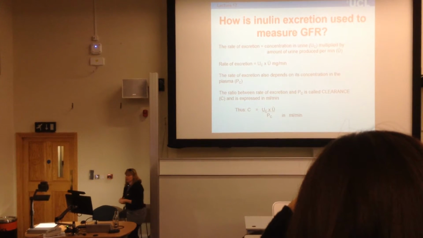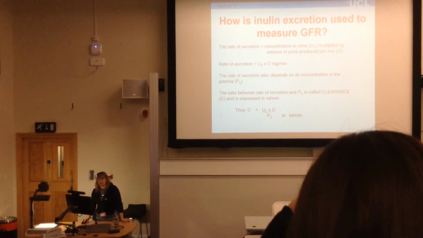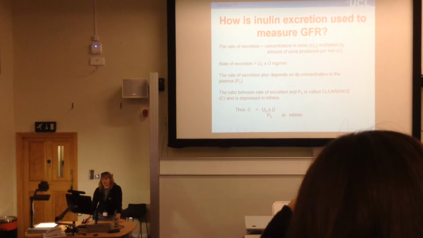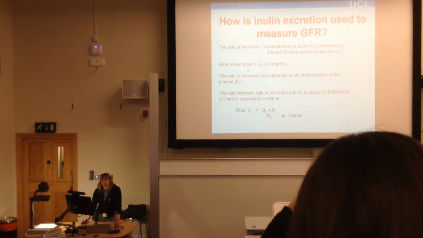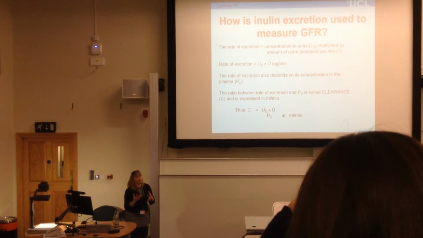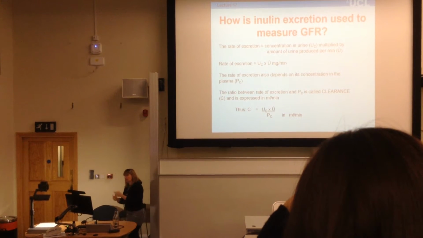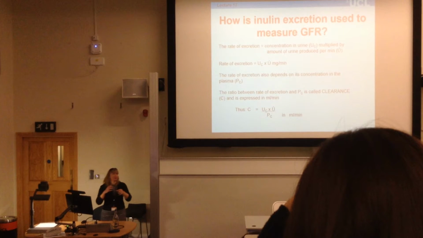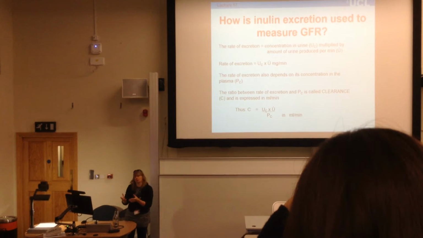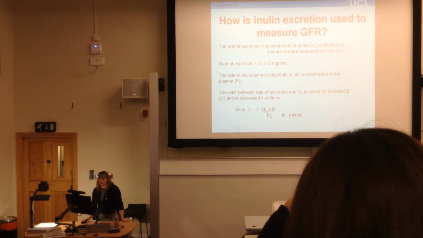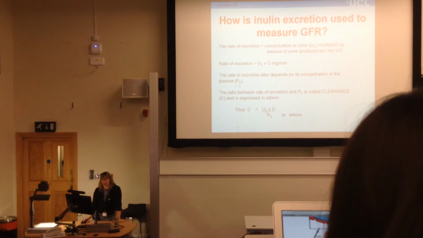And when we use inulin, we can look at the rate of its excretion. So we would look at the concentration that shows up in the urine and multiply that by the amount of urine that's produced to see the amount that's released. But the rate of excretion is also dependent on the plasma concentration. So remember, if something saturates all the transporters, then it will affect the concentration and the rate that it's cleared at.